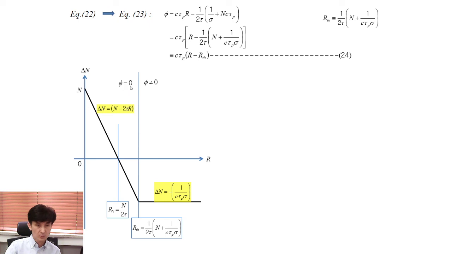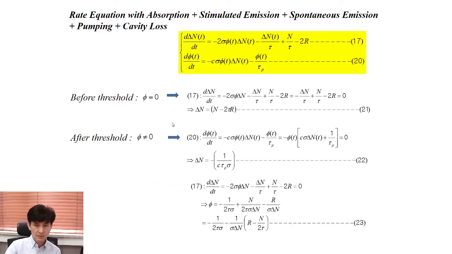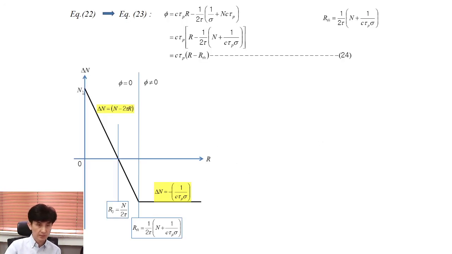When phi is equal to 0, we have a linear relation of delta n with respect to r. And we have a flat relation of delta n as a function of r, given like this and given like this. These are two equations, equation 21 and equation 22.